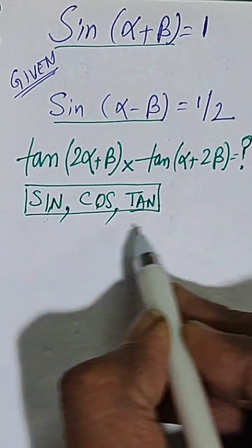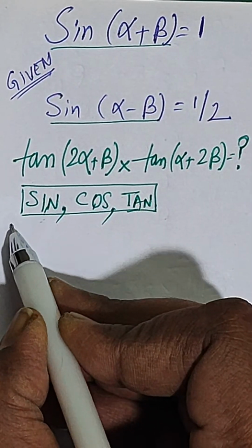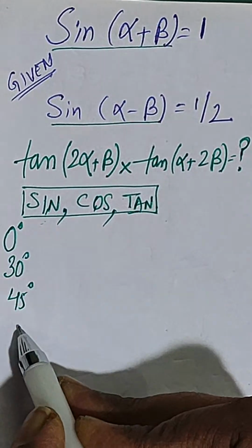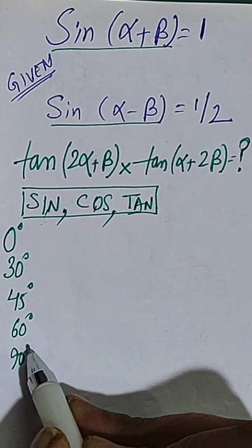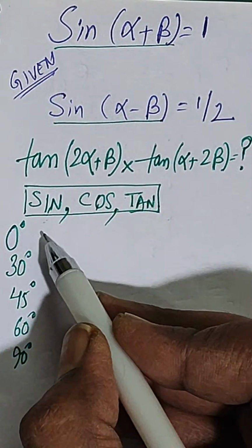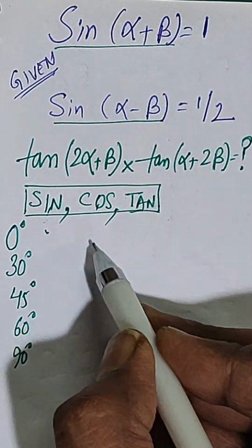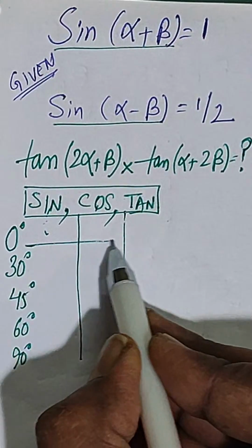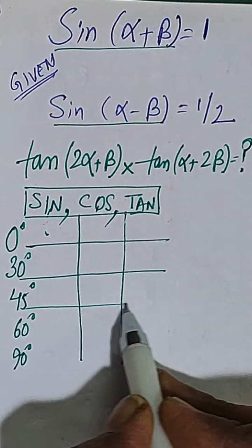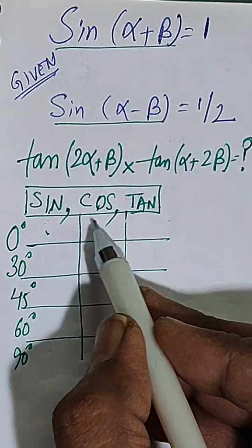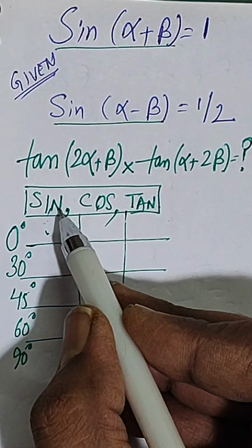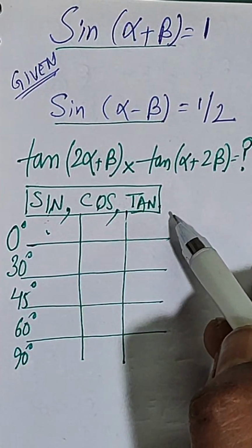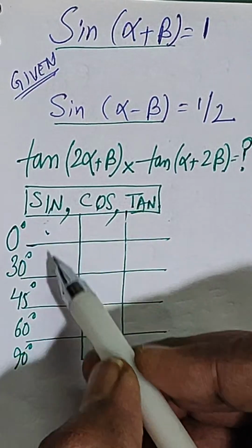The values for 0 degree, 30 degree, 45, 60 and 90. If you know the values of all the corresponding sine, cos, tan, then you will be easily able to calculate any of the higher values, or even the values of all the trigonometrical ratios. Reverse of sine is cosec, reverse of cos is sec, reverse of tan is cot. All those values could be easily calculated. So just remember it, right?